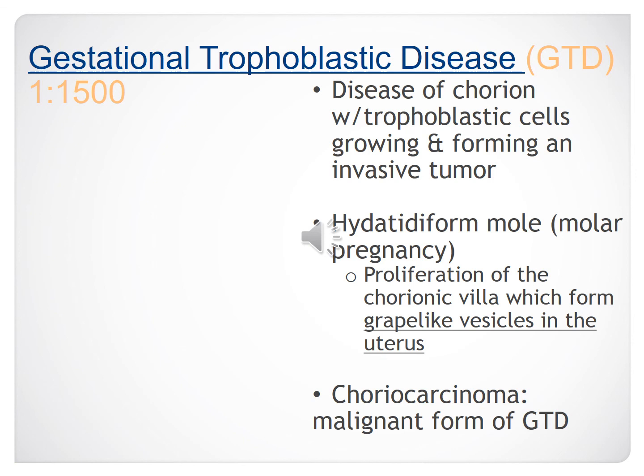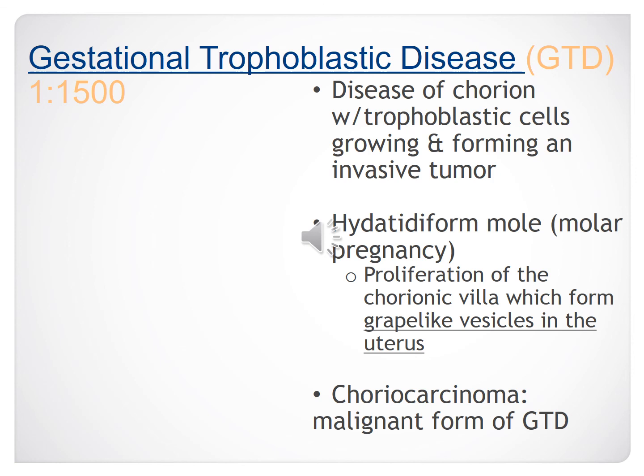Another potential cause of early pregnancy bleeding is a disease called gestational trophoblastic disease, GTD. And this is less common than ectopic pregnancies or spontaneous losses, in which 1 in every 1,500 pregnancies results in a GTD.